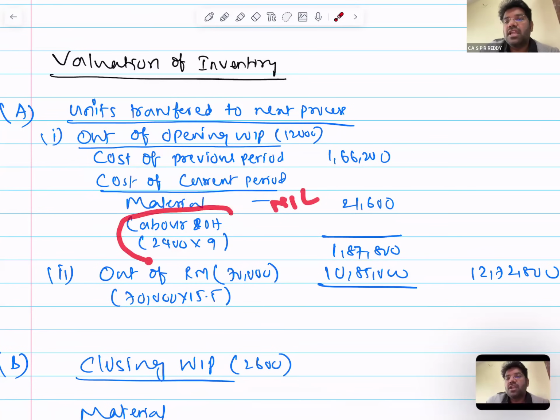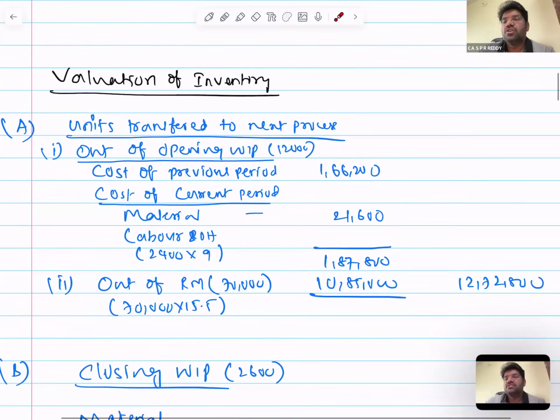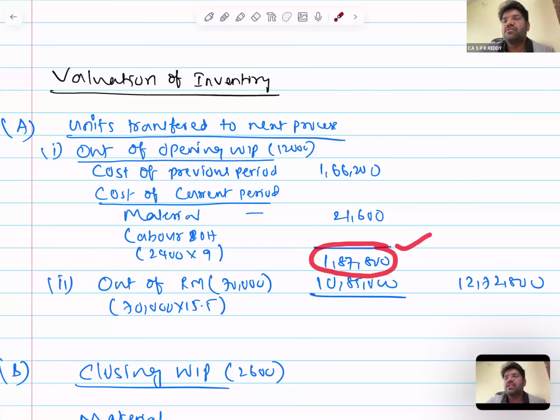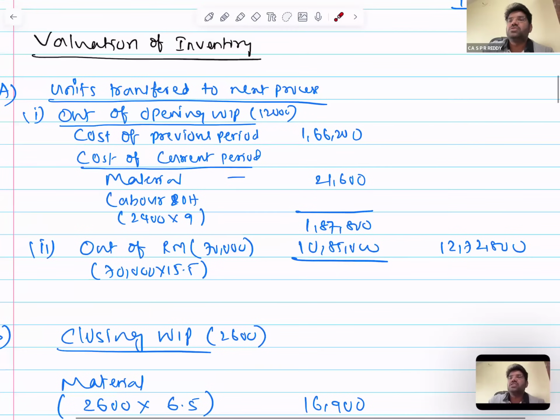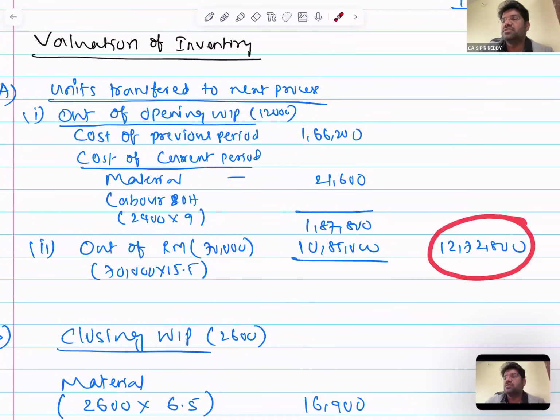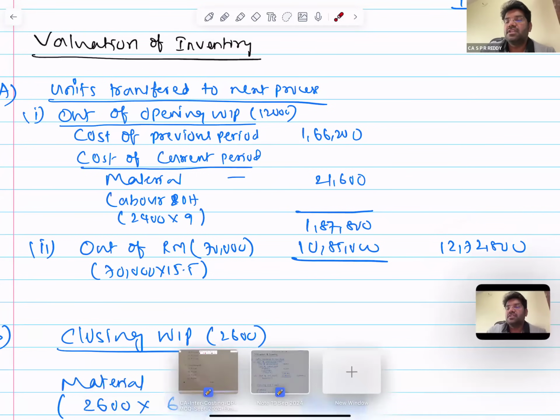Only for labor and overheads, they performed 20% work, so 2,400 equivalent units into 21,600. So you get 1,87,800 for 12,000 units. For the fresh raw material introduced, 70,000 units, completely we can take 15.5 because everything is done in the current period only. So the value of units transferred to the next process is 12,72,800. That is the first question they have asked here in the case scenario.